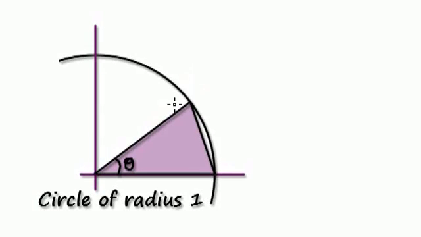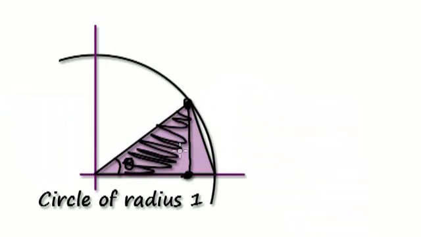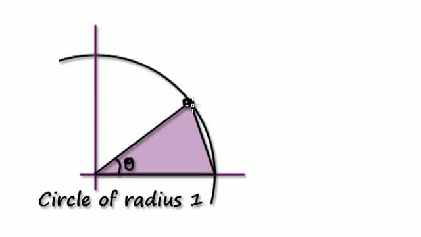The triangle in the previous video was from here straight down here, but in this video, it's from here all the way across here. So press pause and have a go.